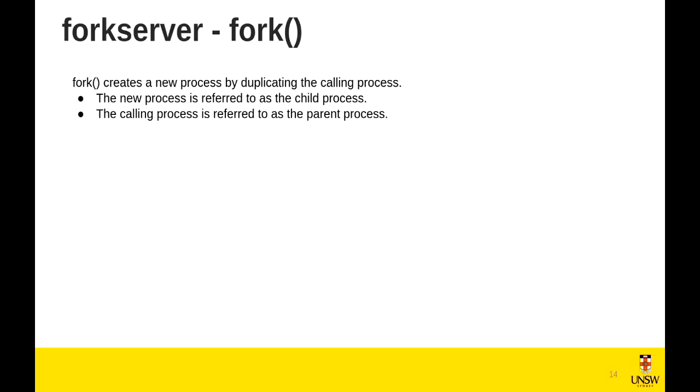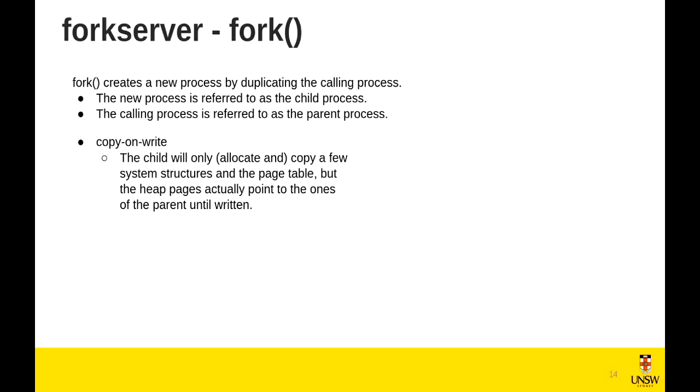Actually, every process you are interacting with on a Linux system is forked from the very first process of the operating system. So fork is used for creating new processes in Linux. The new process created is called the child, and the calling process of this fork function is called the parent process.